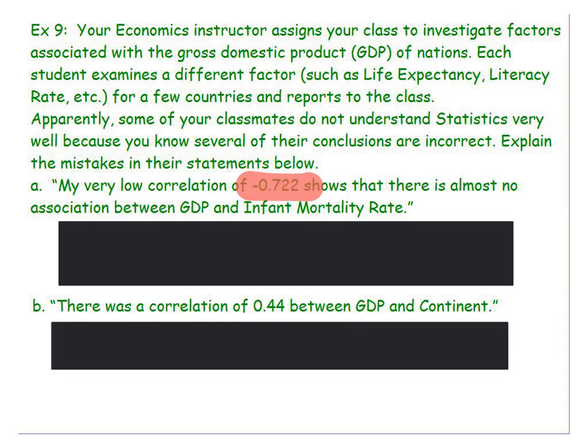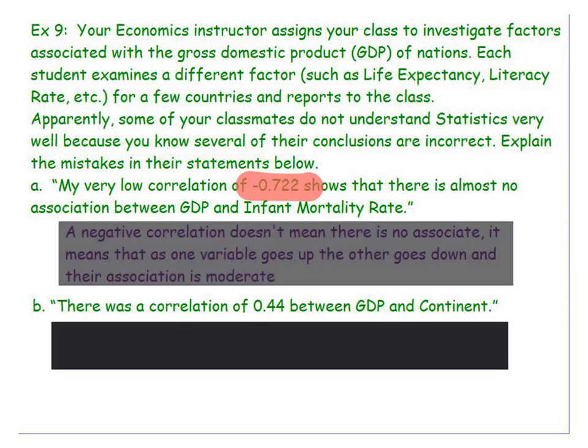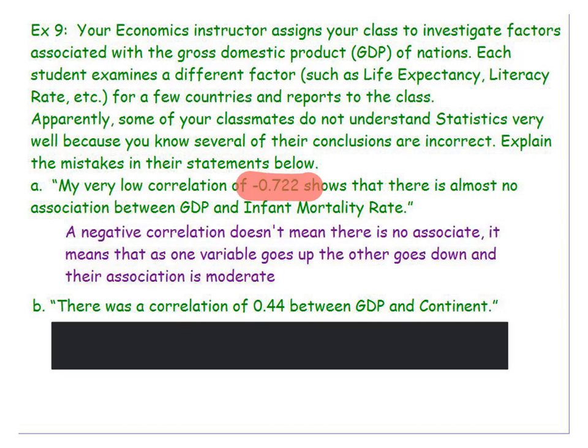It's at the very top of the moderate region. So that is definitely their mistake. They assumed that negative was bad. A negative correlation doesn't mean that they do not associate. It means that as one variable goes up, the other variable simply goes down. And their association is moderate.